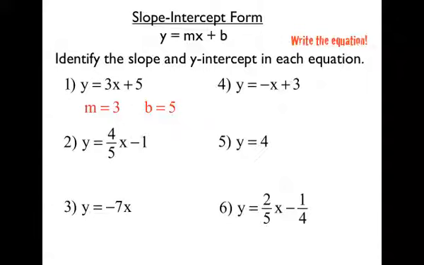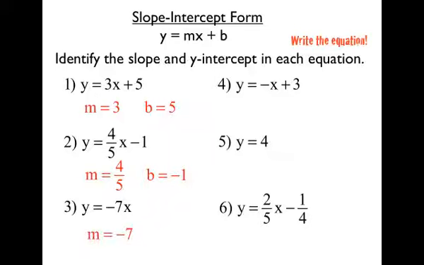Number 2, y equals 4/5 x minus 1. The slope is 4/5. 4/5 is multiplying x. Our y-intercept is a -1. We want to make sure that we take that sign and bring it along with the number, especially if it's a negative. Number 3 is one of my favorites.